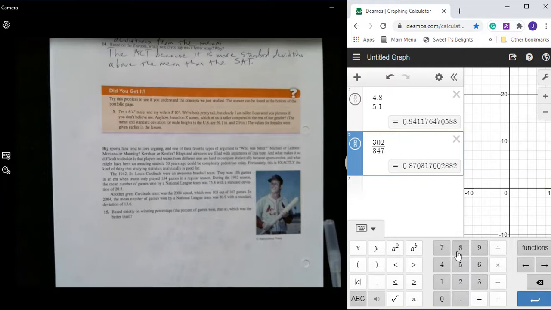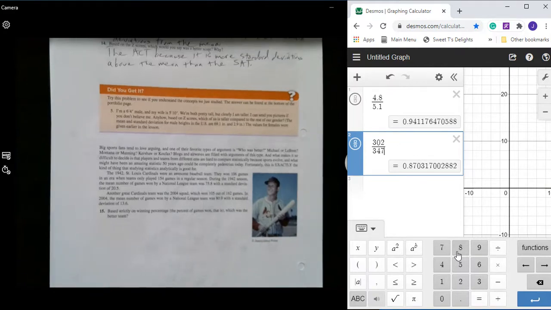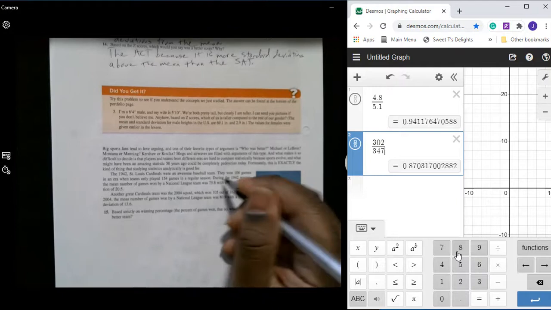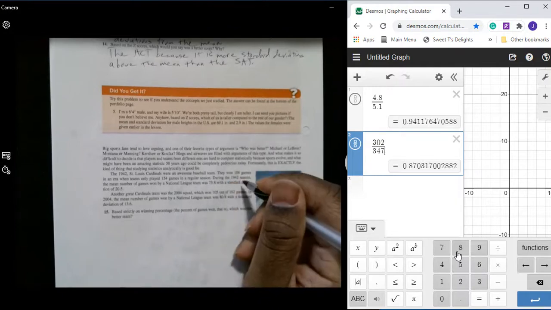Another great Cardinals team was the 2004 squad, which won 105 out of 162 games. In 2004, the mean number of games won by a National League team was 80.9 with a standard deviation of 13.6.